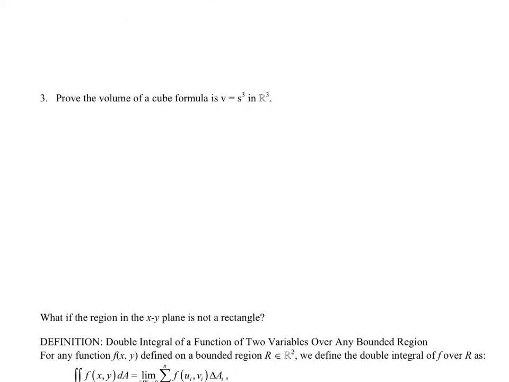Actually, sketch it out. Because you know that the length, width, and the height all have to be the same. So if we have x, y, z, we can call this distance s, in which case this distance would be s, and so would this one. So what we're looking for is the volume beneath the surface of the plane z equals s. You have a plane z equals s just floating out there in space.